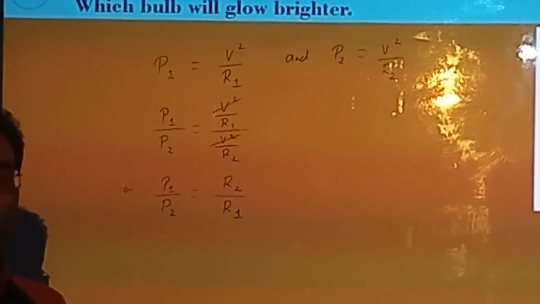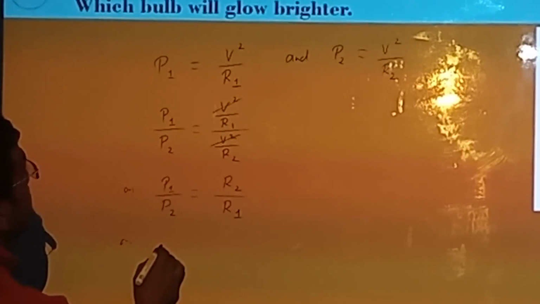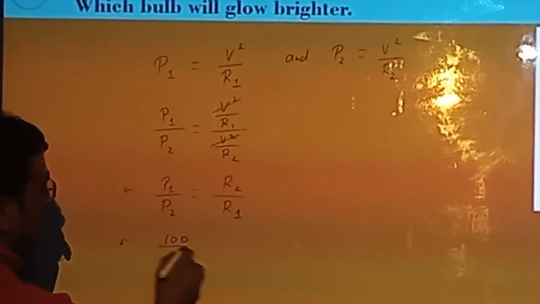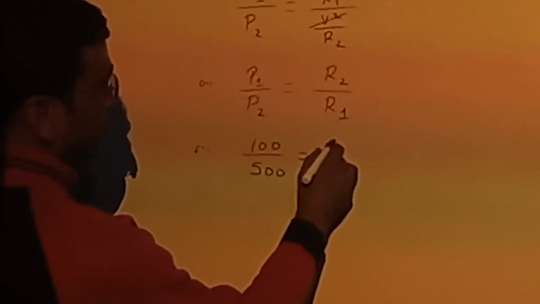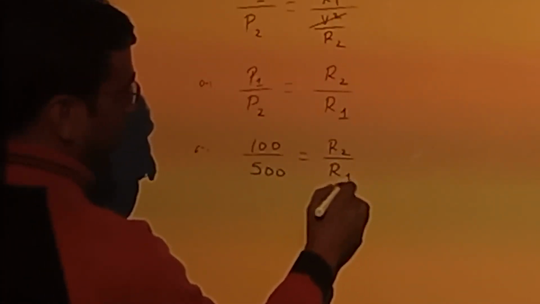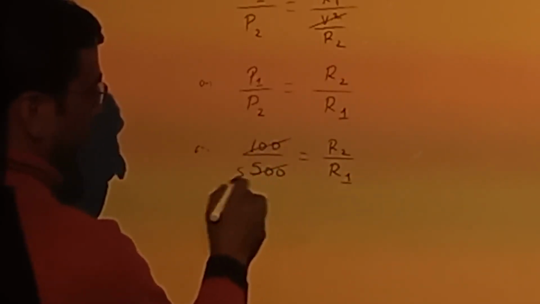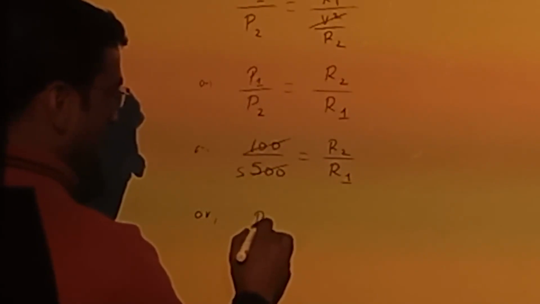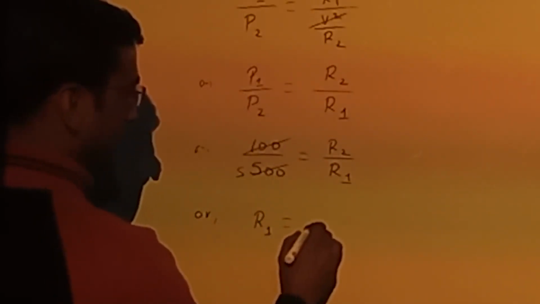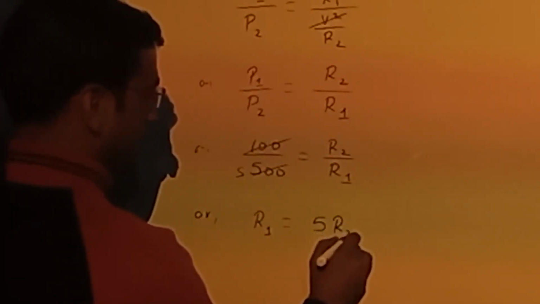Now I am putting the values of power, P1 equal to 100 watts and P2 equal to 500 watts, equal to R2 upon R1, or R1 is 5 times R2.